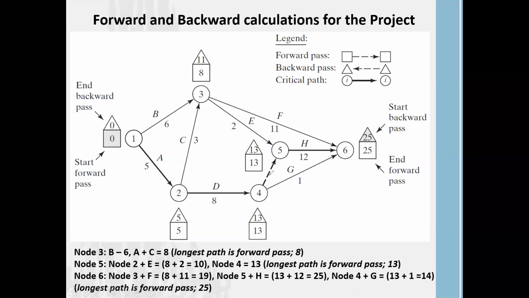If you have a dashed line in your network, it is identified as a dummy path. There is no time duration calculation. It's exactly equal to 0. Time duration is 0.